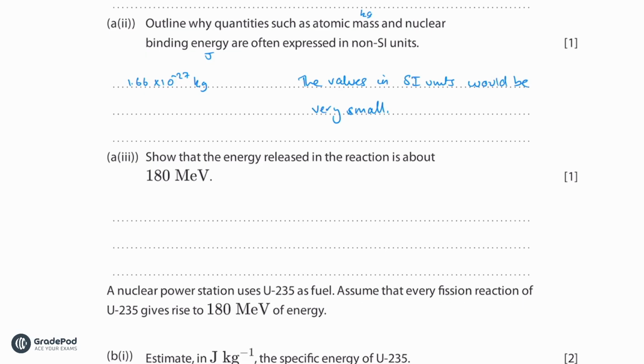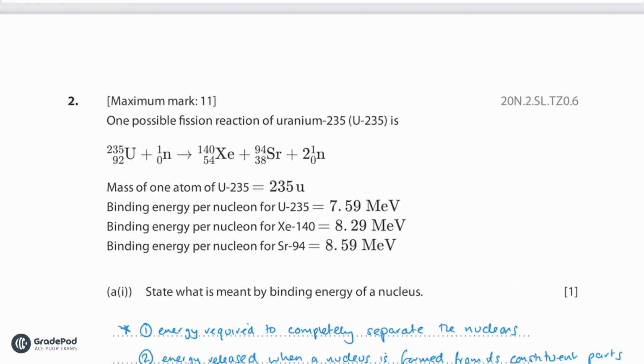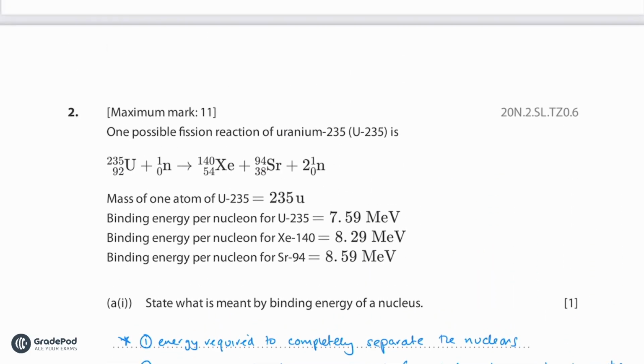A3. Show that the energy released in the reaction is about 180 mega-electron volts. Let's go back up to the data. There's energy released in this reaction, and the energy released is due to the mass defect. Subtract that.